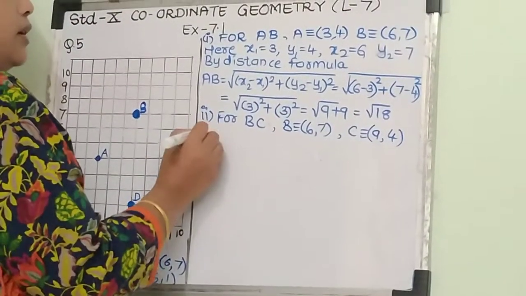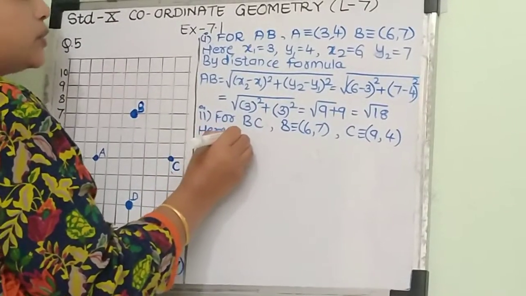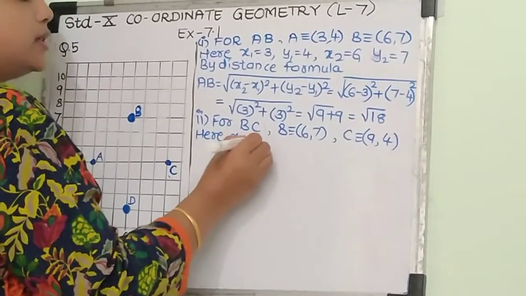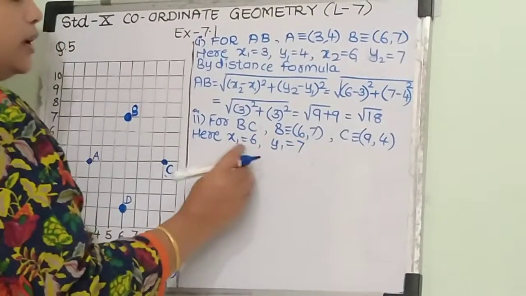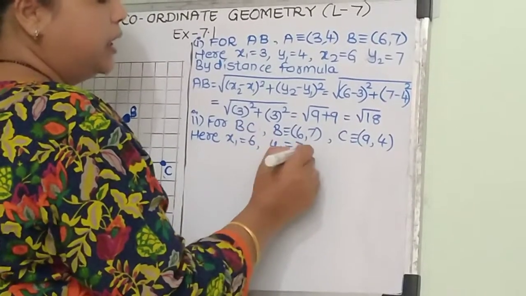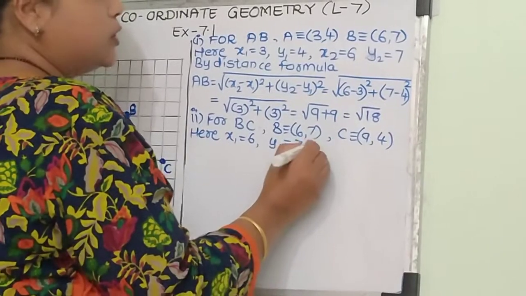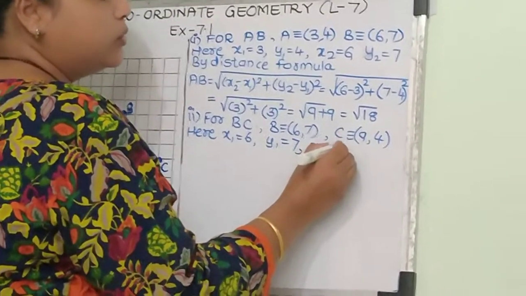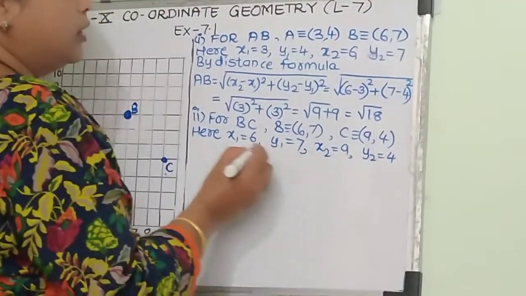So here we can take x1 first. x1 is 6, y1 is 7. x1, y1 will be the coordinates of the first point, that is B, and x2, y2 will be the coordinates of C. So here x2 equals 9 and y2 equals 4.